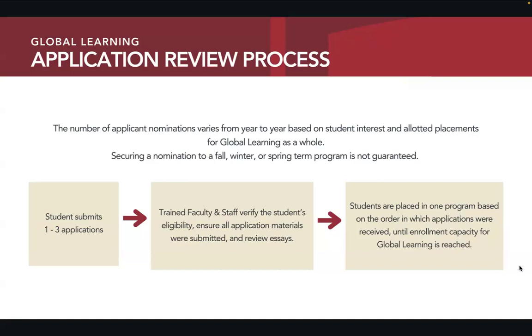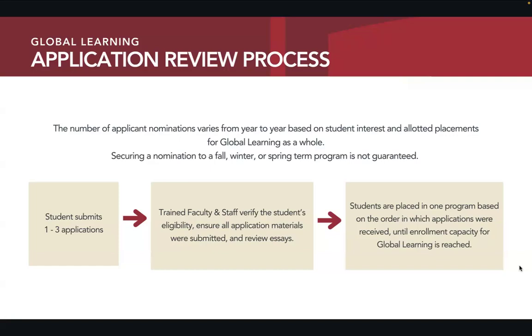Students are ready to move into the final process, in which they are placed in one program based on the order in which applications were received. And we do that with all of the applications that we have up until enrollment capacity for global learning is reached.